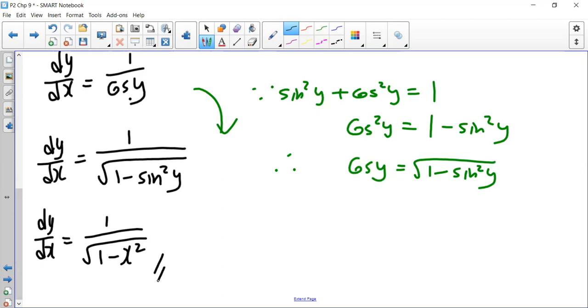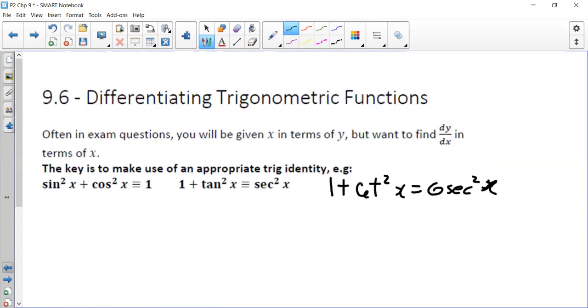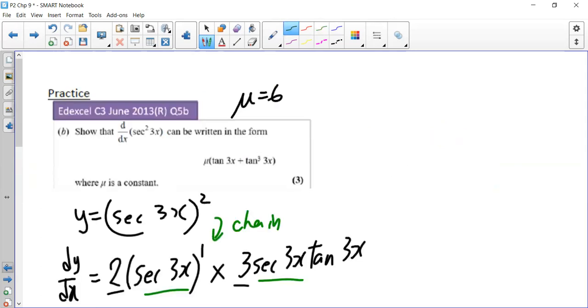Again, if you're only interested, you will not be tested on this. That's the end of 9.6, where next time we look at differentiating parametrically. What you've learned today is differentiation; apart from sine and cos, you've also learned two more things.